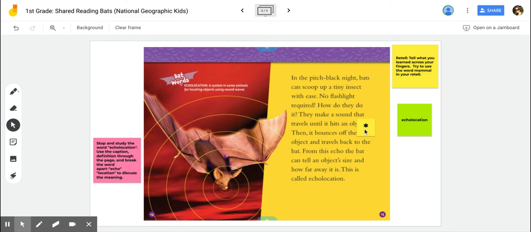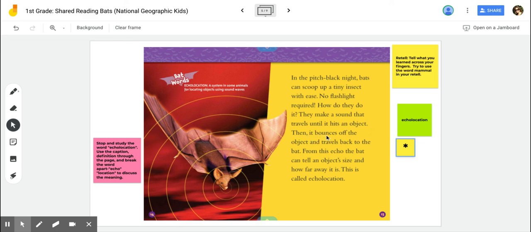What could make sense now? They make a sound that travels until it hits an object? That would make sense. Let's check the rest of the word. Object. That looks right. Okay, let's keep reading.